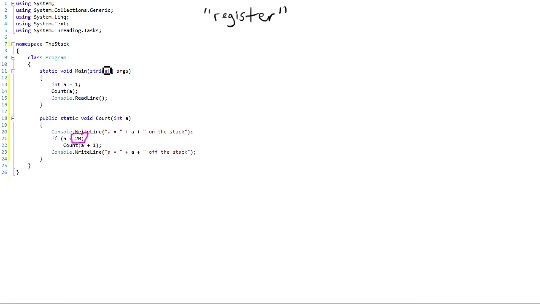So now what happens when we get to something like this, where it says count A? It calls this method, and it jumps down here to this block. What happens in the computer is it needs to save any temporary data that it was using in this code block, so that once it returns, it can continue doing its thing as though count was never called, because count cannot modify anything that you were using in the registers in your main method.